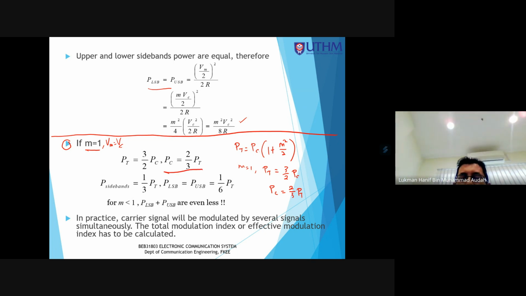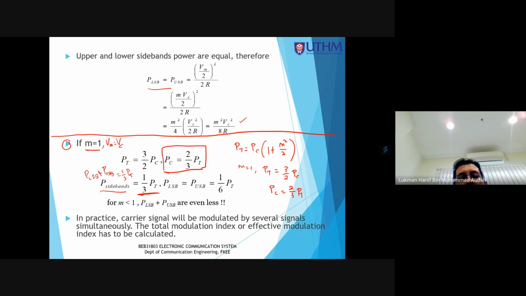So the carrier itself contributes 2 over 3 of the total power. That means we have the remaining 1 over 3 of the total power for the sidebands, both upper and lower. So P LSB plus P USB is equal to 1 over 3 of the total power.